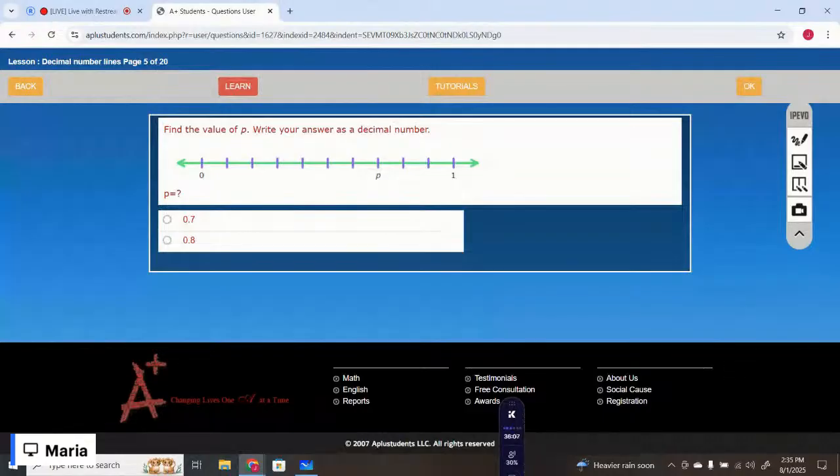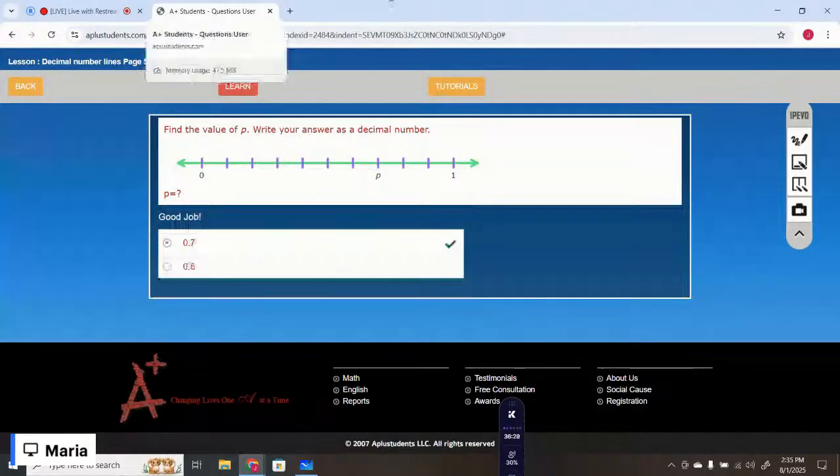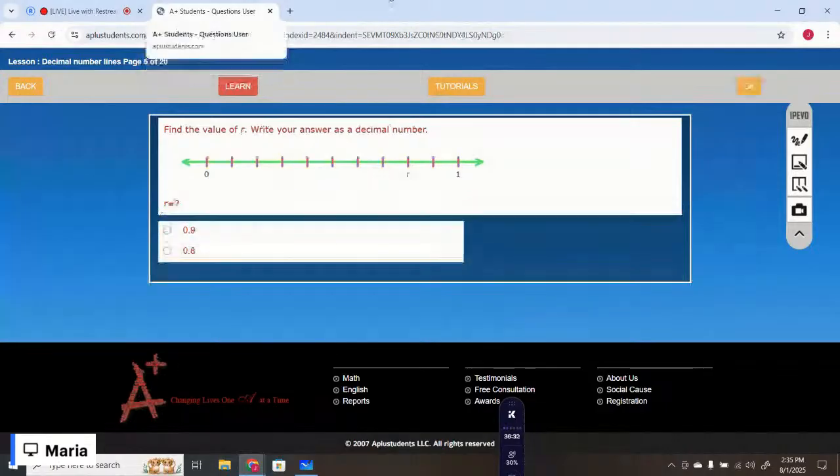What is the value of p? That is 0.7. Option number 1 is the correct option. Find the value of r.